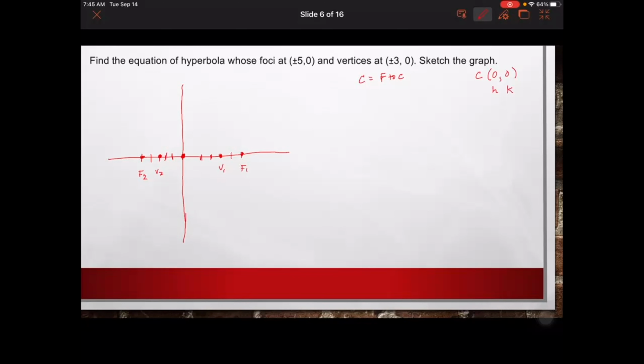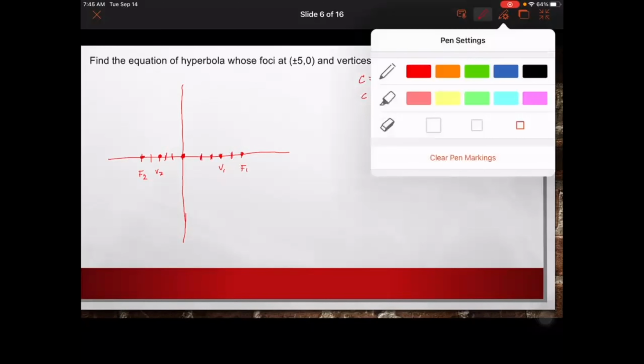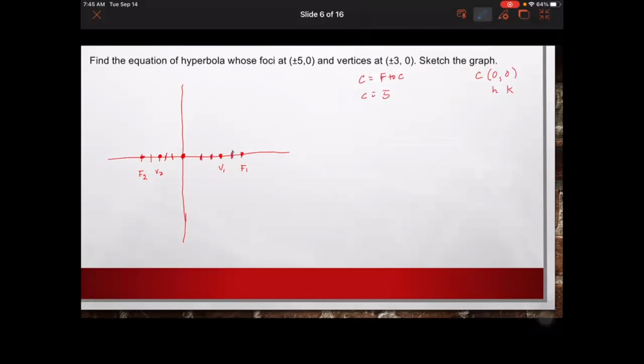Now, ating F to C, this will be C is equal to 5. Why it's 5? Kasi magkakaroon tayo dito ng 1, 2, 3, 4, and 5. Tignan natin yung kulay. So, 1, 2, 3, 4, and 5.